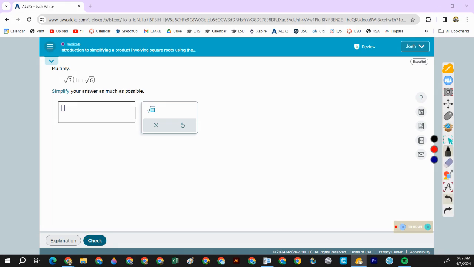So for this problem, I'm going to rewrite it as 1 root 7 times 11 root 1 plus 1 root 6. Okay, I just put 1's as placeholders everywhere there wasn't a number. So I need to multiply this into there. Outside times outside is 11, and inside times inside is root 7.